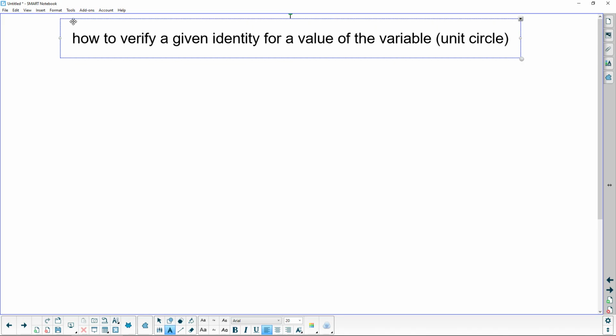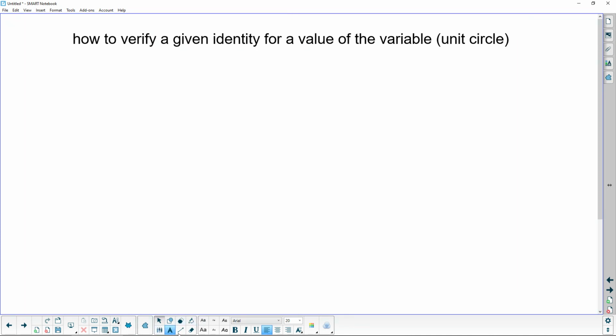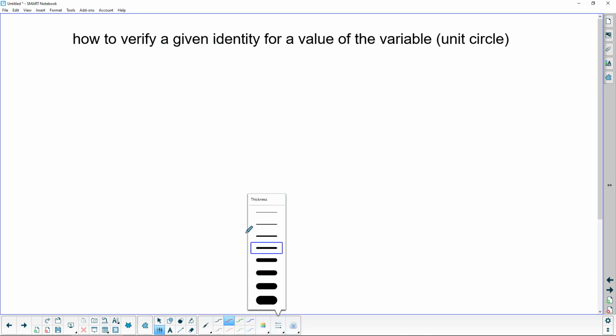Okay, so let's say that my identity that I have is, I'll use the marker because I got to write a bunch of fractions here. Let's go with red here.